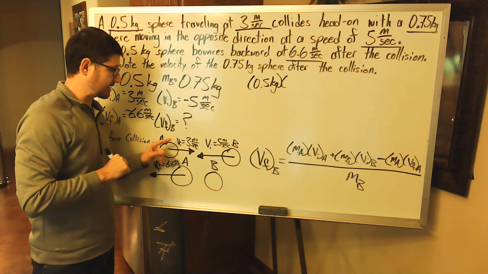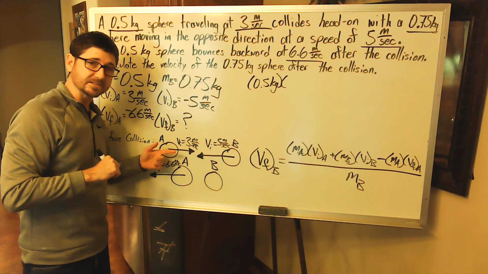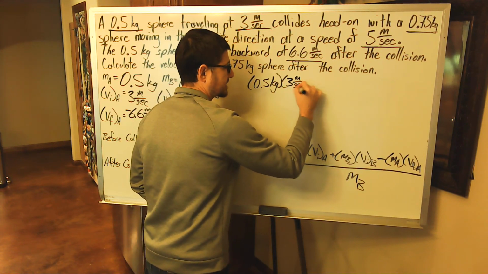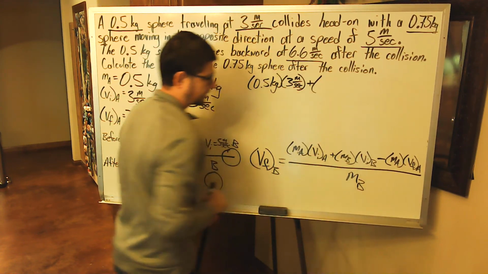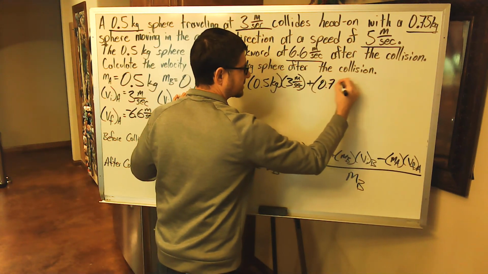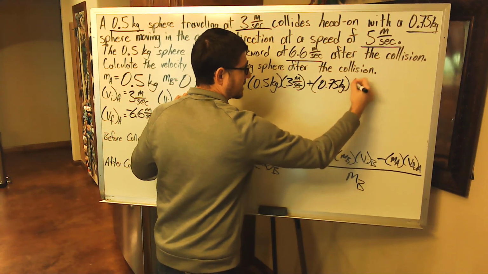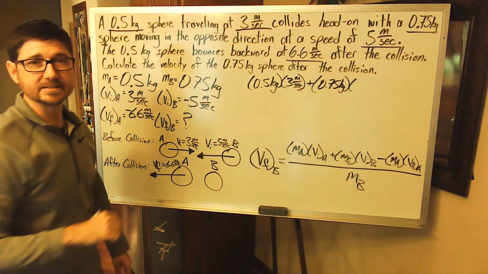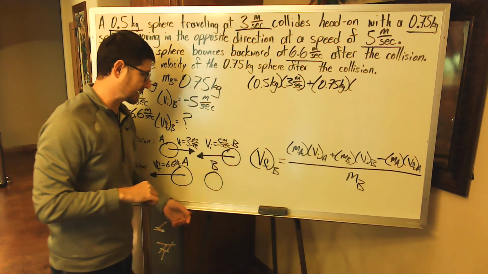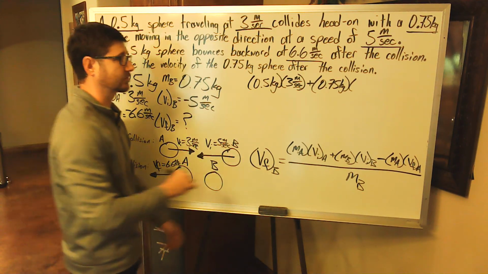Remember, this is a vector, traveling in a positive x direction. So 3 meters per second plus mass B, 0.75 kilograms, multiplied by its initial velocity, which is a negative 5 meters per second. So it's going in a negative x direction.